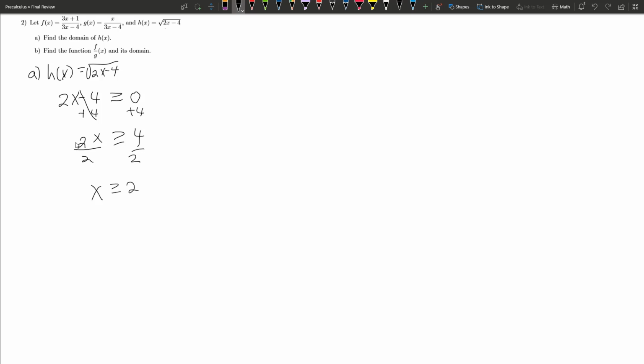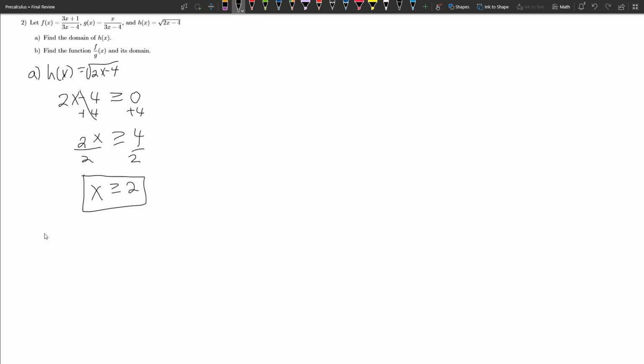Just be careful if you're dividing by a negative. If you're dividing or multiplying by a negative, the sign actually flips around. So any number more than or equal to 2 would be part of this function. All right, so x must be more than or equal to 2. I would like to graph this and see, but that's not part of the question, so I'm not really going to go there.